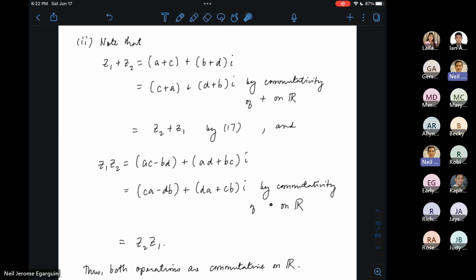Medyo super haba pala no? I'll review it and tingnan ko. Let me know via email or via the forum in Moodle kung kumusta yon. Kasi kung masyadong mahaba at masyadong mahirap, I can exempt you from doing that probably. Pero kailangan ko nang i-review yung answer key ko, ano? Kasi hindi ko natanda kung mahalaga ba yung associativity doon.